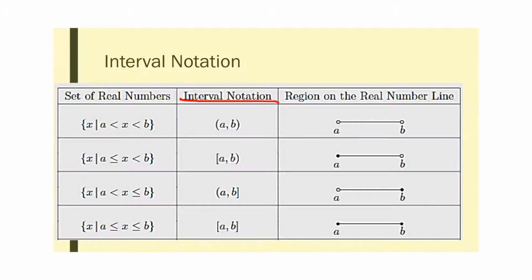The way we represent that in interval notation is smooth bracket represents empty circle. So we read this as the interval between a and b, not including a and b.